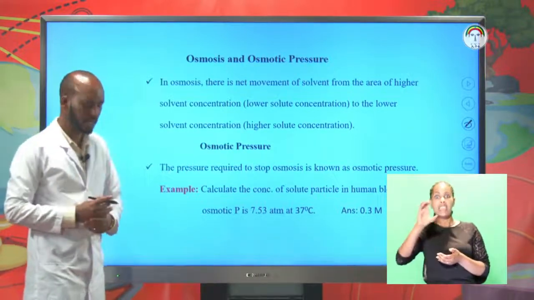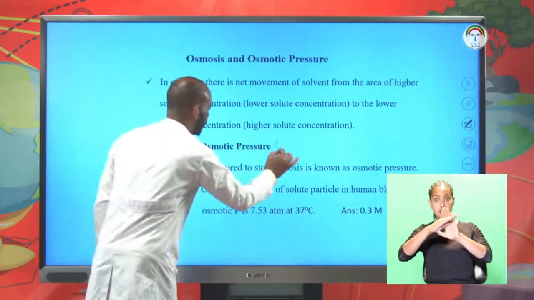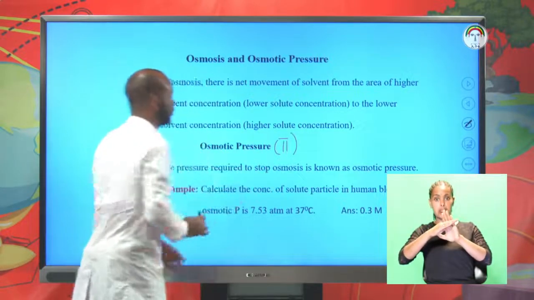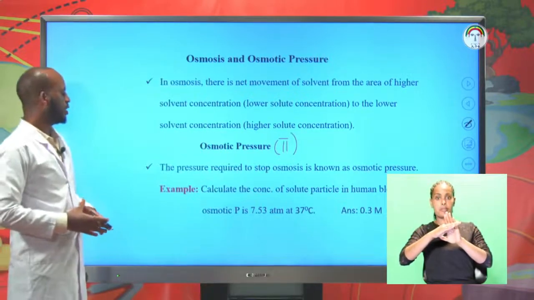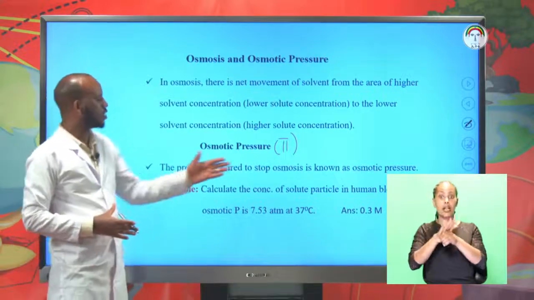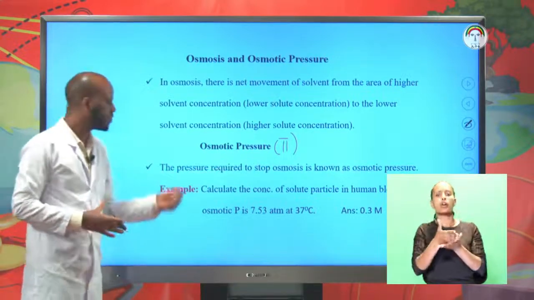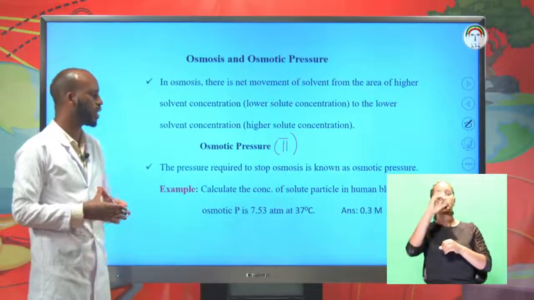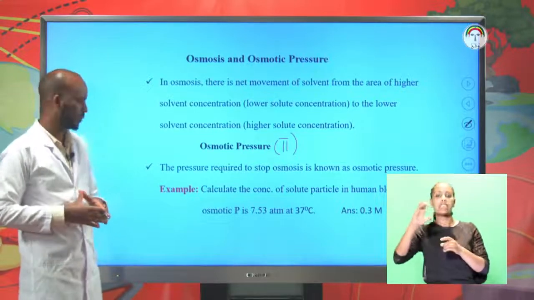Osmotic pressure, denoted by this symbol, is the pressure required to stop or prevent osmosis.